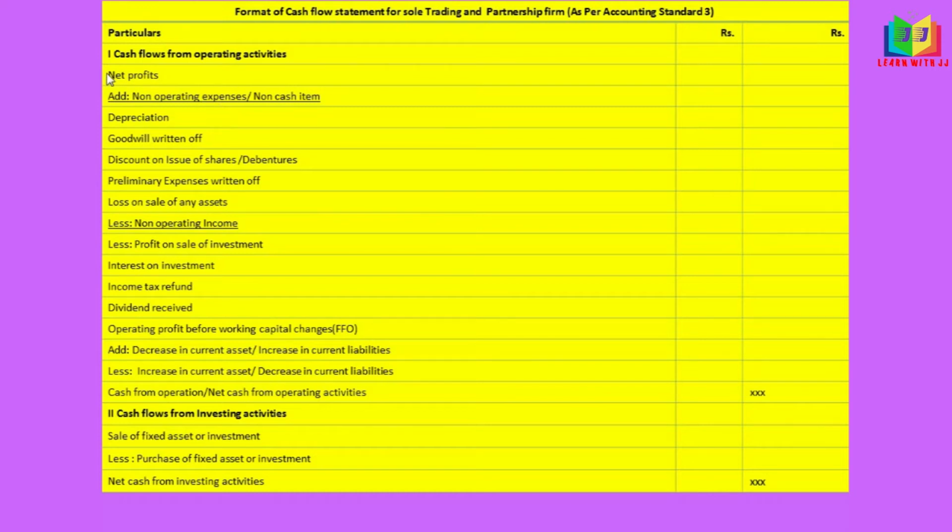Here we take the net profit, and with that we add our non-operating expenses and non-cash items. The non-cash items here will be depreciation, goodwill, and preliminary expenses written off. All this comes under non-cash items, and non-operating expenses are also added here.